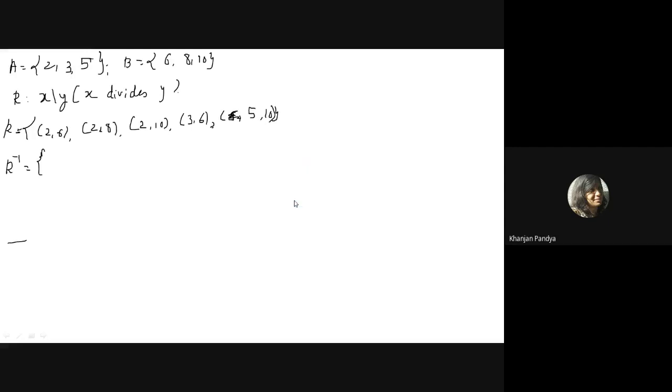Okay, so what is R inverse? R inverse would be {(6,2), (8,2), (10,2), (6,3), (10,5)}.